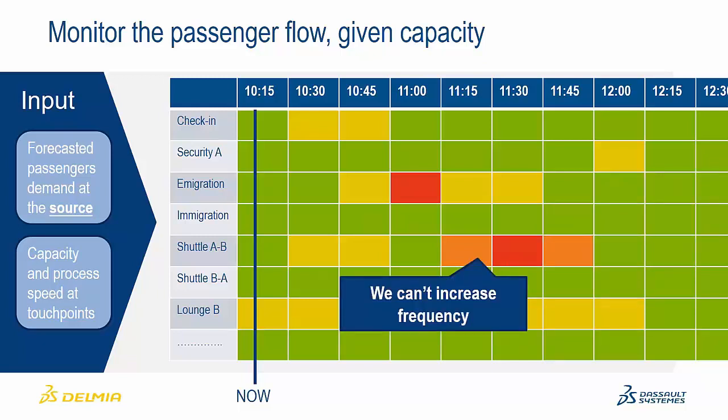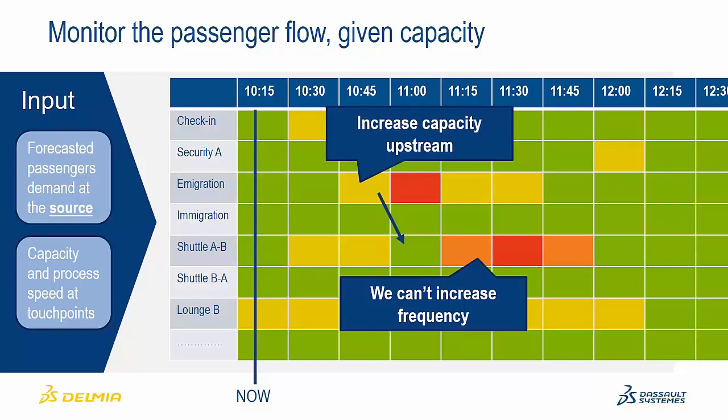It could also work the other way around. So we see that we have a problem at our shuttle service. However, we can't increase that frequency, maybe we're already at max capacity, or whatever other reason, we are not able to change the capacity in this touch point. We can then look to our upstream capacity.